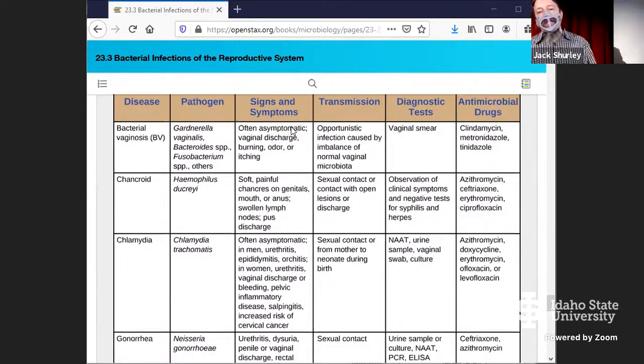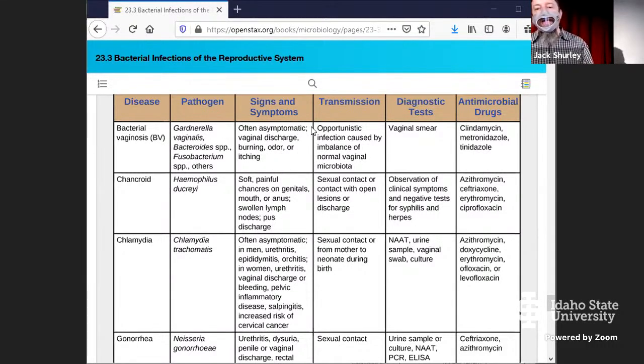Oftentimes with vaginosis, it can be asymptomatic, so you may not recognize there's issues. Low levels maybe of bacteria growing and having some imbalance can set the stage for what was asymptomatic to now become symptomatic. Kind of sets the stage for variation and really just kind of depends on the circumstances.